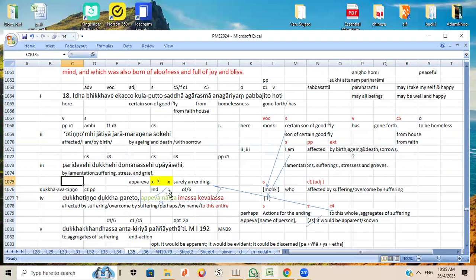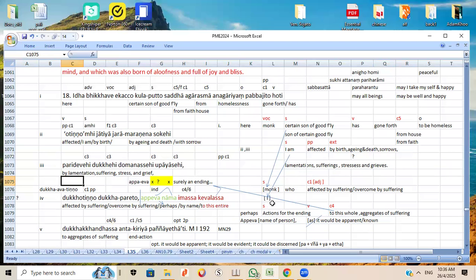So what we do is you will start a next line. So the subject we borrow from just now. That means in this case it is a son of a good family. So in this case, the son of a good family. In the second line, he says I am affected. So as a subject here, you know that you can say I or a monk. You can still use the I because here it is I am.